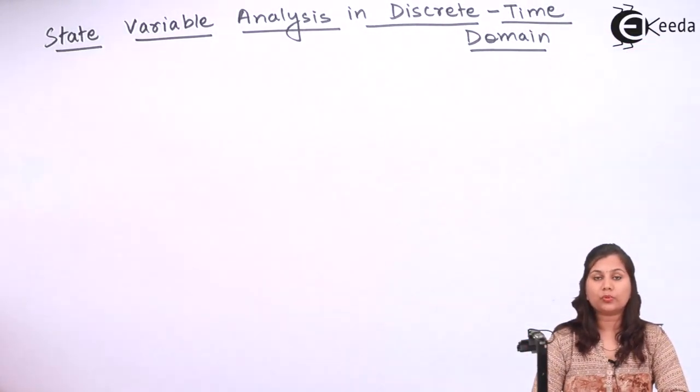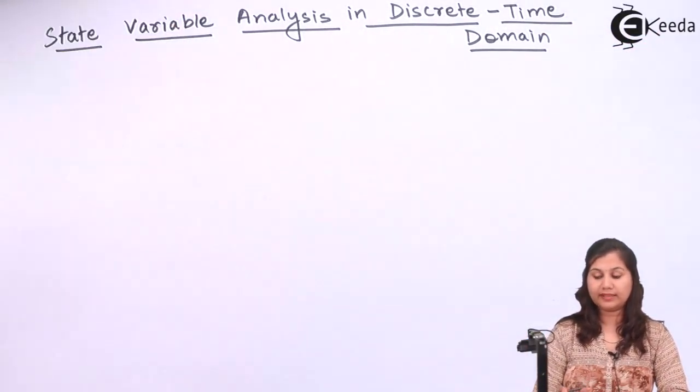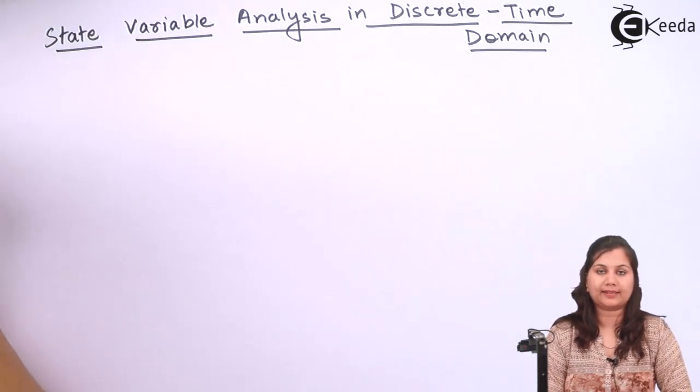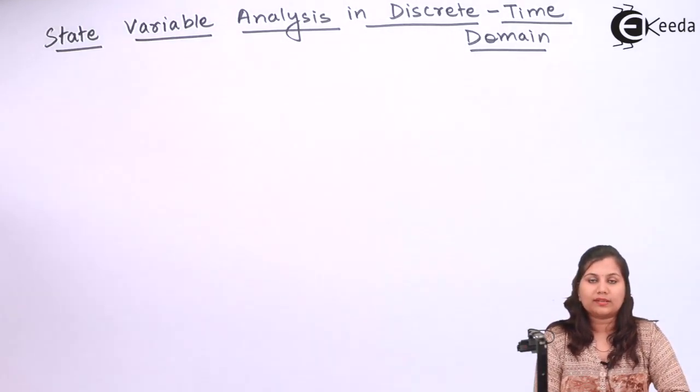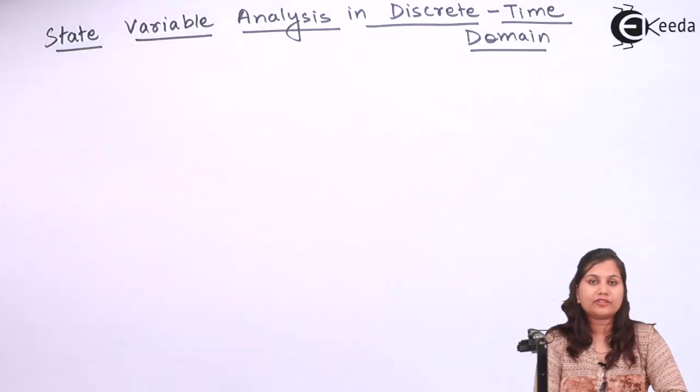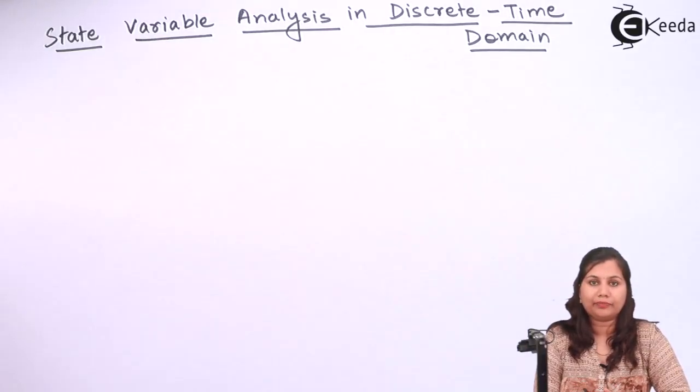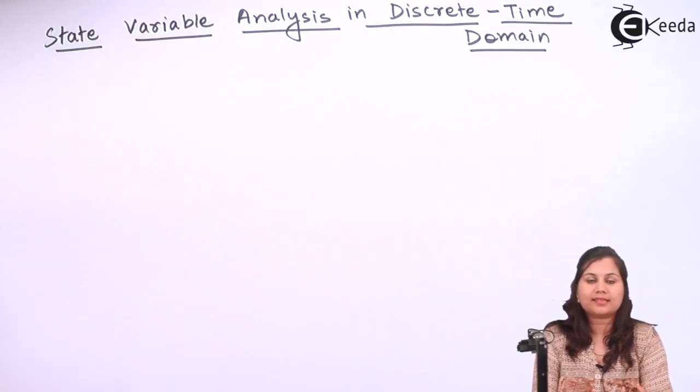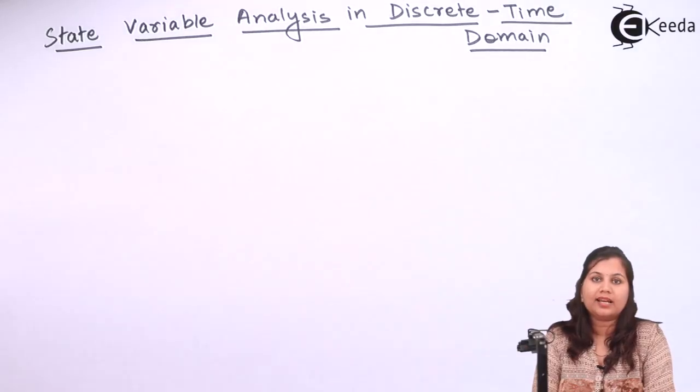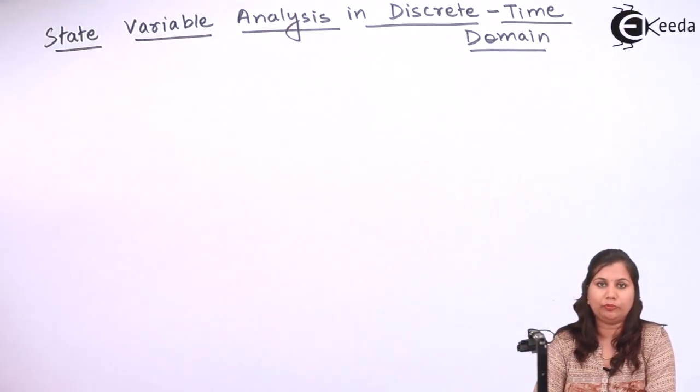Now, what are the situations where we use the discrete time domain analysis? There can be two situations. First situation is that we are dealing with a system which is having discrete signals, that is the signals which are changing with time. So if the signals in the system are discrete time signals, then we have to do the analysis techniques in the discrete time domain.